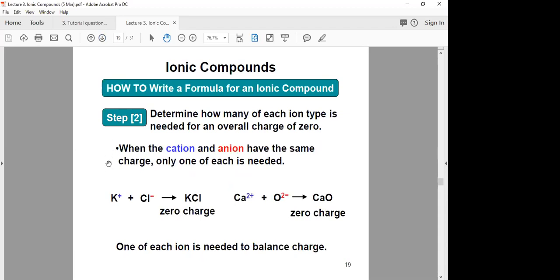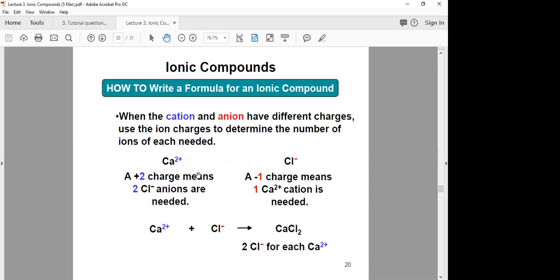When the cation and anion have the same charge, as in the charges are of the same magnitude, then only one of each is needed. So a single positive here, a single negative there, so we only need one of each in this compound. Calcium 2+, oxygen 2 negative, only one of each required in this calcium oxide compound to give us a 0 charge.